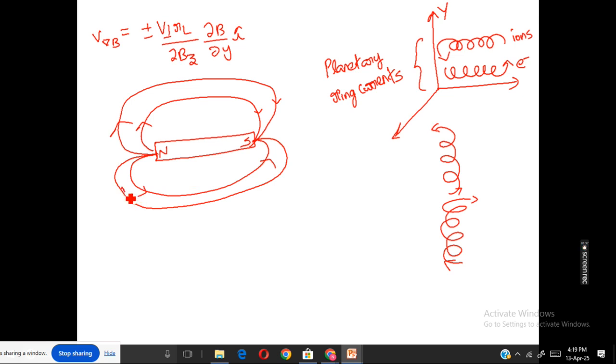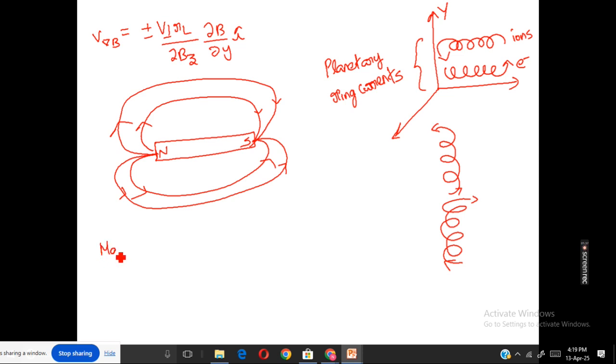Because of this curved nature of the magnetic field lines, there is another drift which is known as the curvature drift. Magnetic field lines are always curved and are always associated with a gradient and curvature. There is always a gradient because the magnetic field lines are closer at the poles and diverging along the equator, which means the field strength will be stronger at the poles and lesser at the equator.